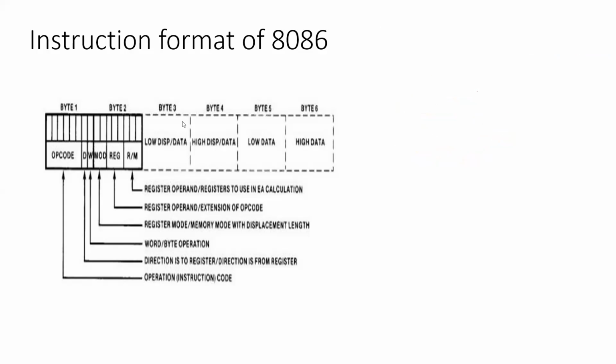If you see, the instruction format has byte 1, byte 2, byte 3, byte 4, byte 5, and byte 6. If you observe from byte 3, all the bytes are indicated by dotted lines.